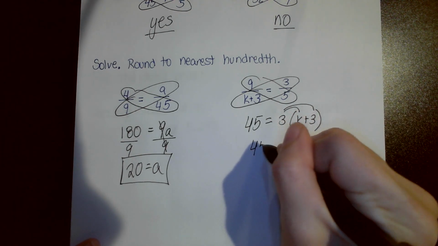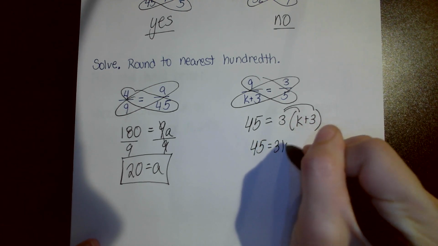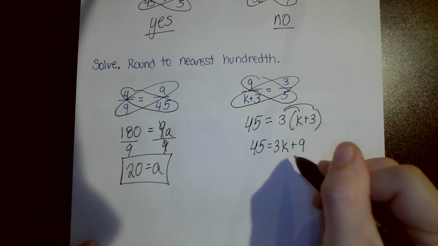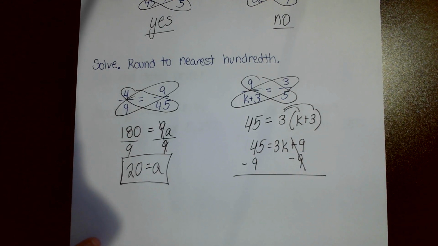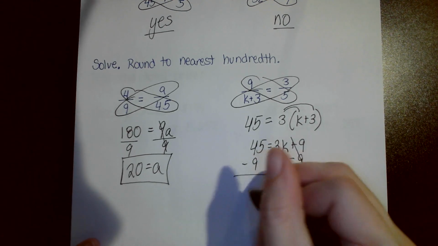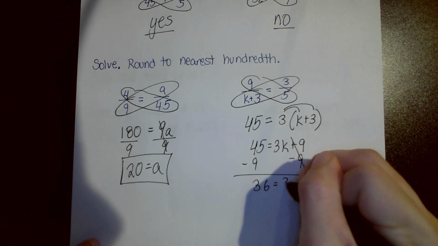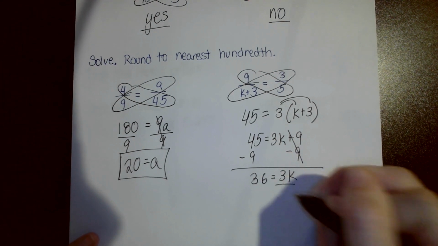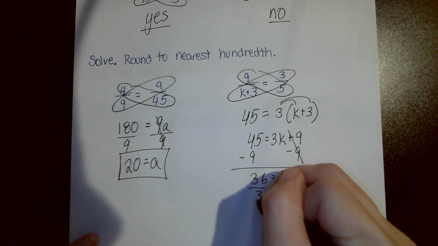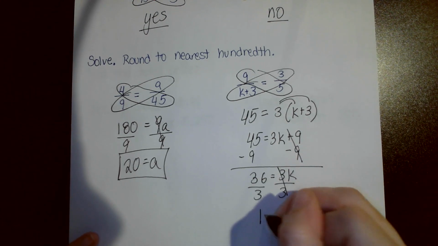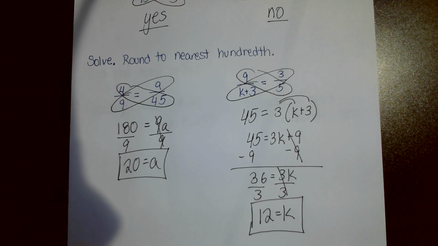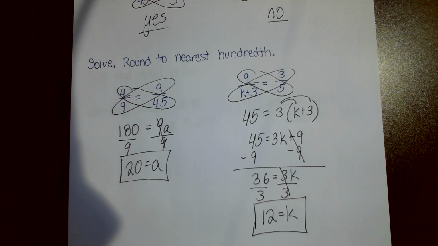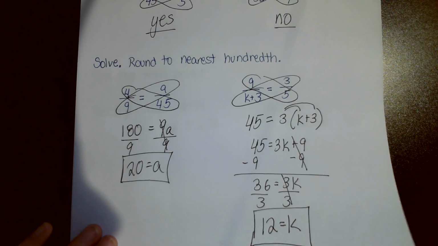So we get 45 equals 3k plus 9. Subtract 9 from both sides. That moves it. 45 minus 9 is 36 equals 3k. Divide by 3. 12 equals k. All right, so those are the answers to your proportions.